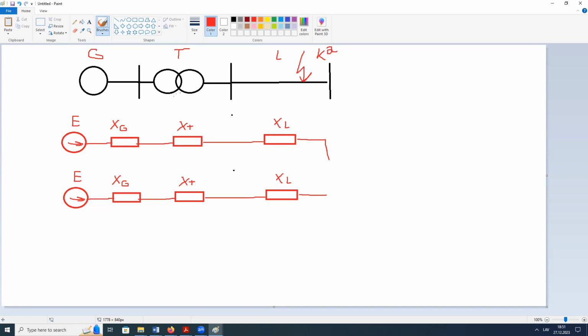So we are trying to represent this network with symmetric components.